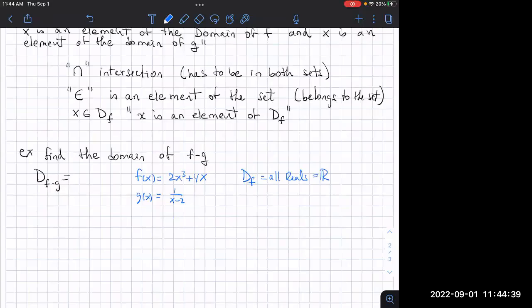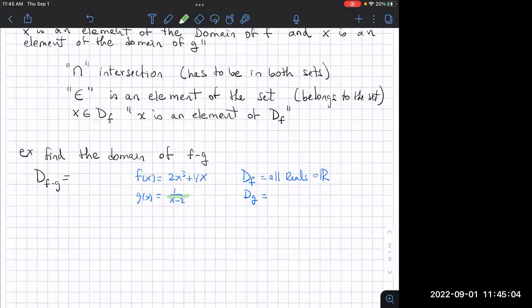So we said that the domain of f is all reals because there is no restriction in the kinds of operations involved to find f. What is the domain of g? To find the domain of g, again, you look at the operations involved. There's a subtraction. There's no restriction with subtraction. You can subtract any two numbers. And there is a division.